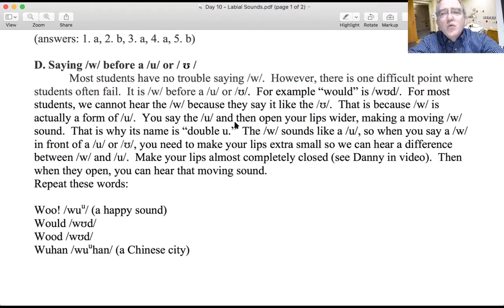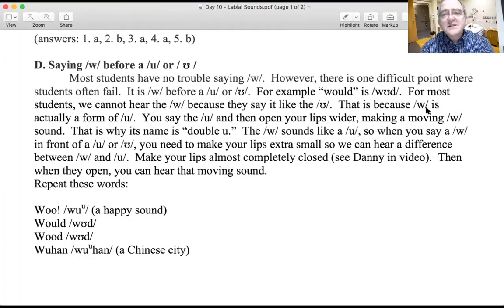For example, wood is wood. For most students, we cannot hear the W because they say it like the U. In other words, the word W-O-U-L-D, many students say ood. Okay, that's a problem. Let's continue.